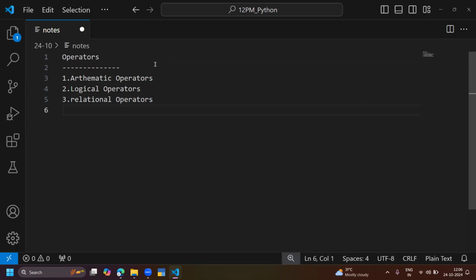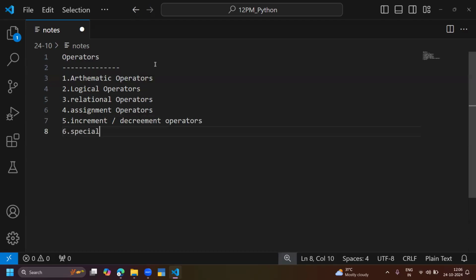The fourth one, assignment operator. And fifth one, increment decrement operators. And sixth one, special operators. Okay, let me try to write.